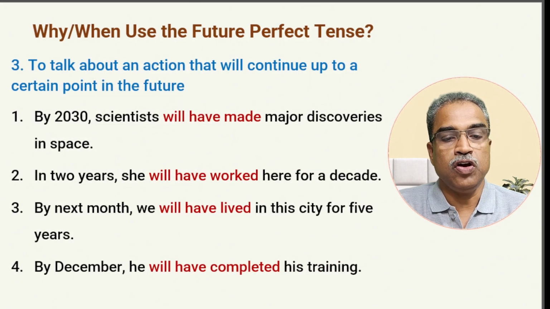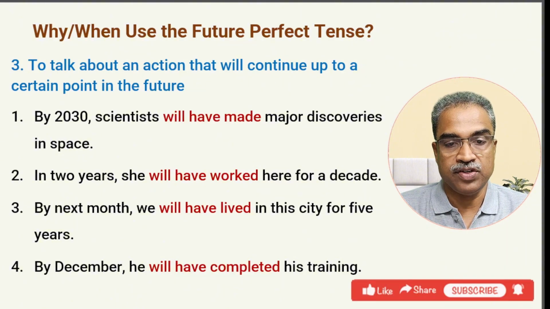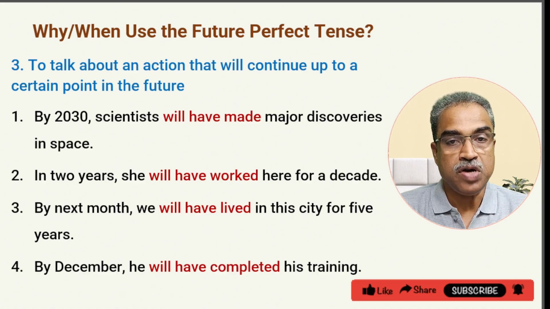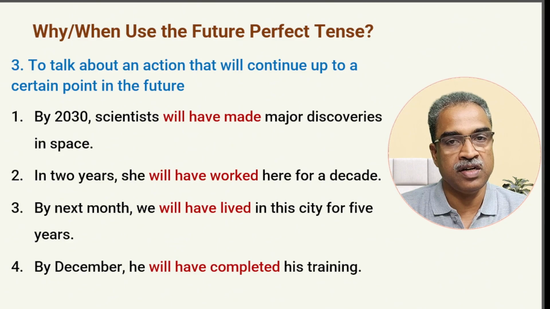Next, to talk about an action that will continue up to a certain point in the future. Again, it's a certain point in the future. For example, by 2030, scientists will have made major discoveries in space.